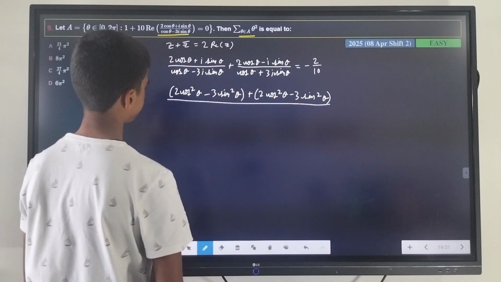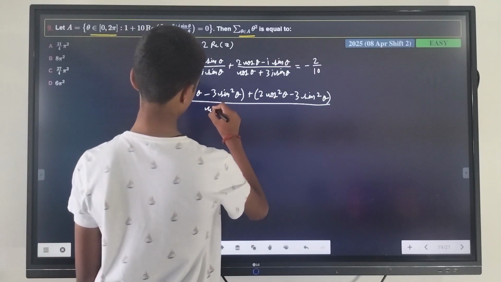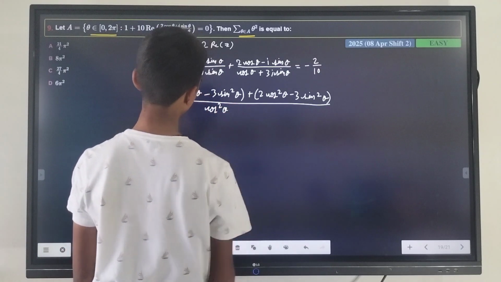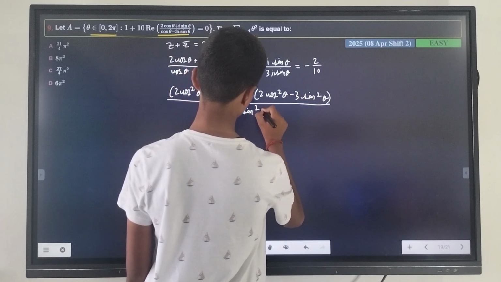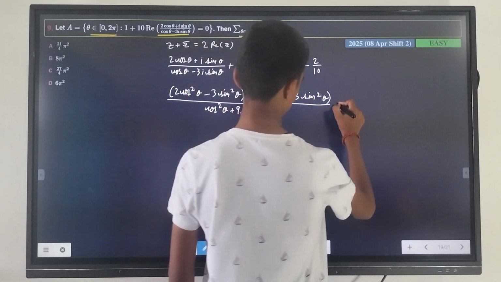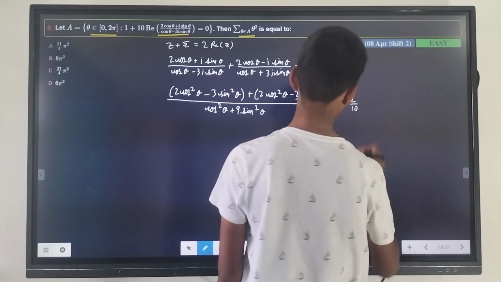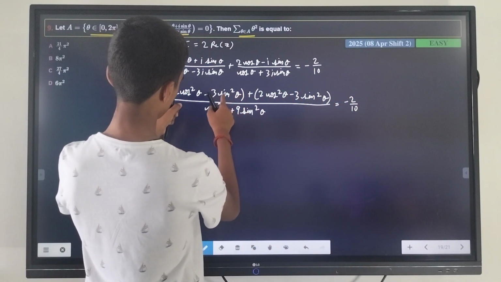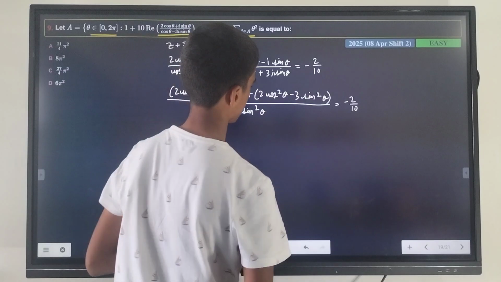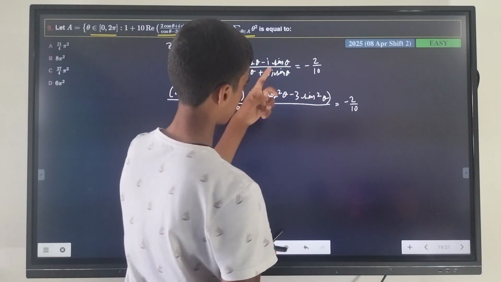This will be cos square theta plus 9 sin square theta is equal to minus 2 upon 10. From here, 2 times 2 cos square theta minus 3 sin square theta, 2 will get cancelled.